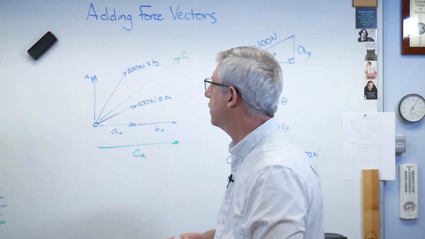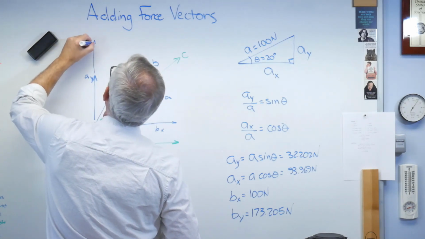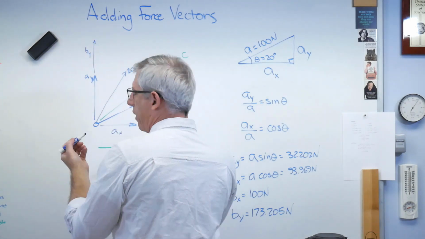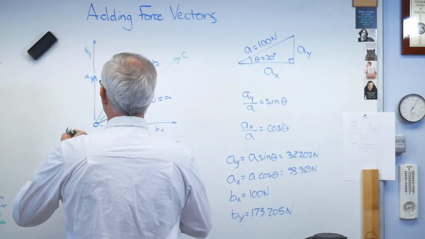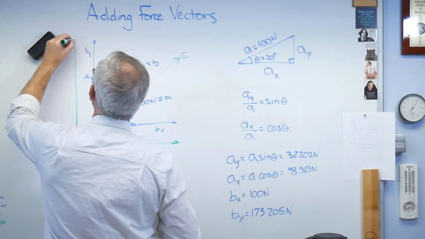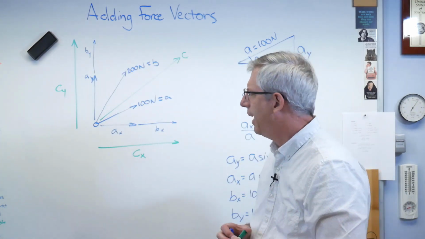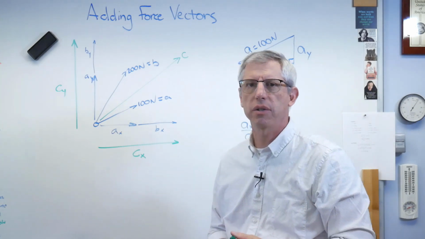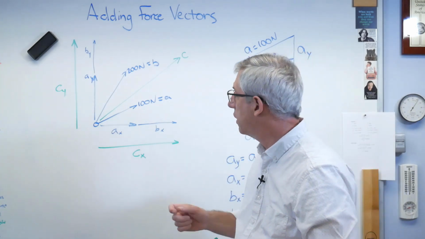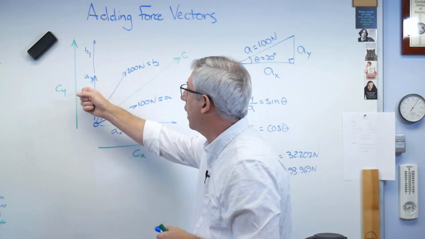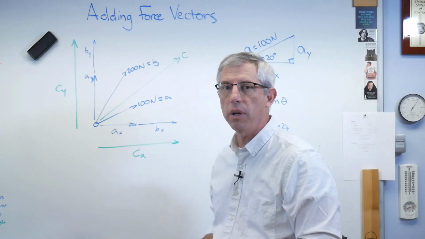Well, guess how this is going to work. There's AY, and there's BY. Now these aren't to scale because I'm just on my board here. I don't have a piece of graph paper. But this is now CY. But here's the thing. I mostly don't need CX or CY. In order to sum my forces in the X and Y direction, I need AX, BX, AY, and BY. Well, I've got them. I don't need to go to here if I don't want to.